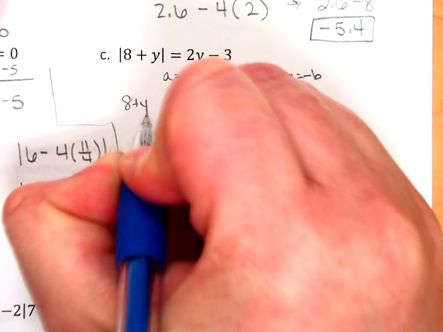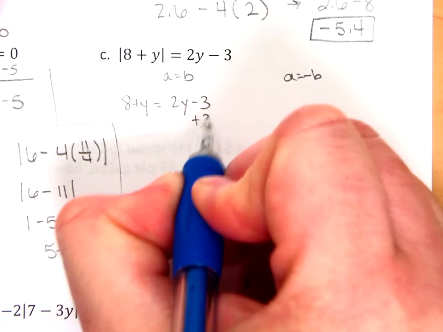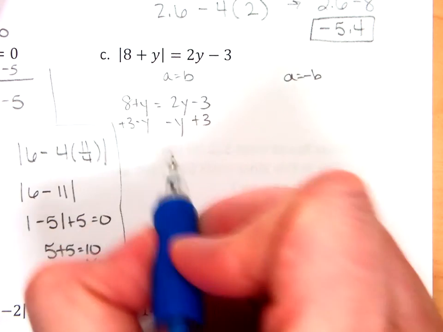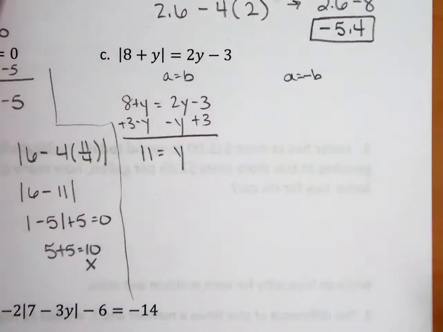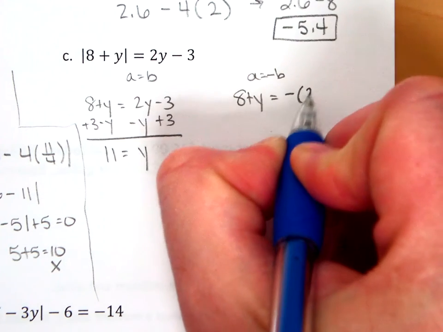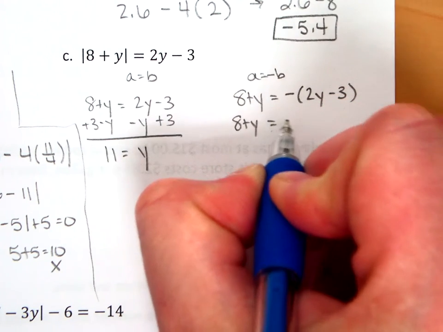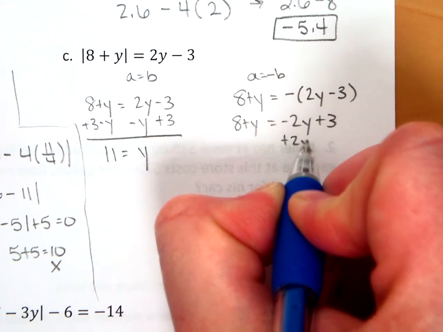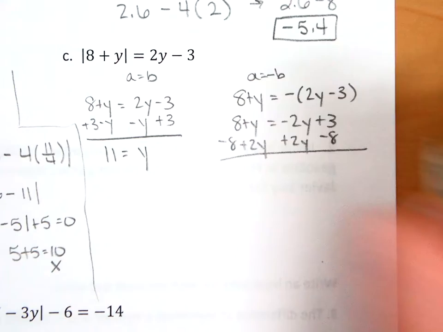8 plus y equals 2y minus 3, plus 3, plus 3, minus y, minus y. 11 equals y. The opposite case would be 8 plus y equals the opposite of 2y minus 3. 8 plus y equals negative 2y plus 3, plus 2y, plus 2y, minus 8, minus 8.